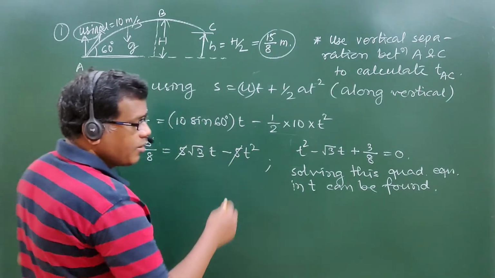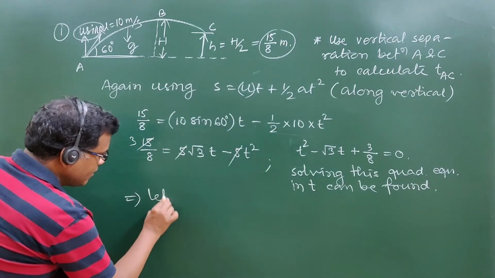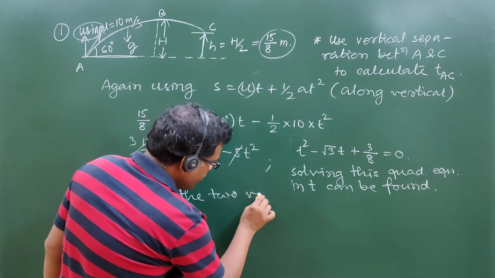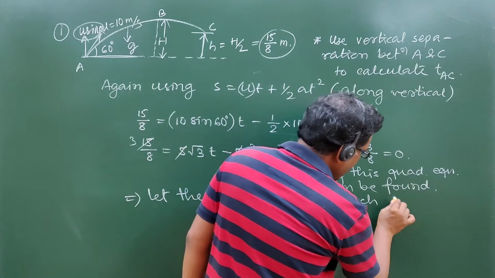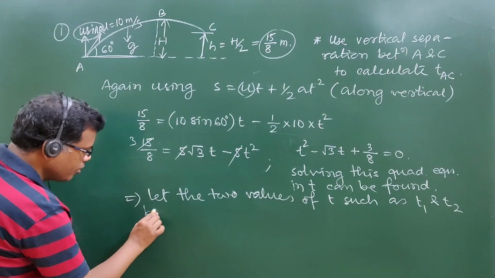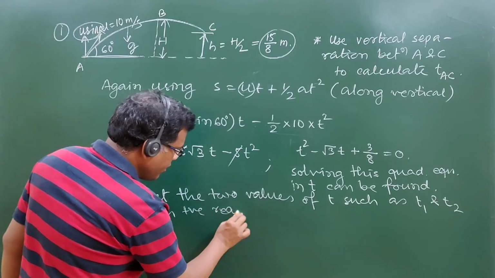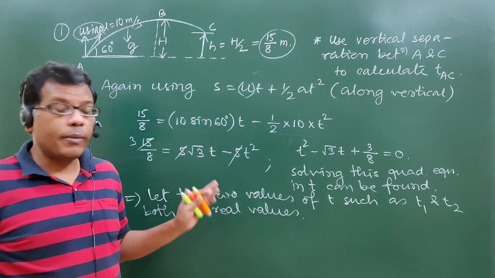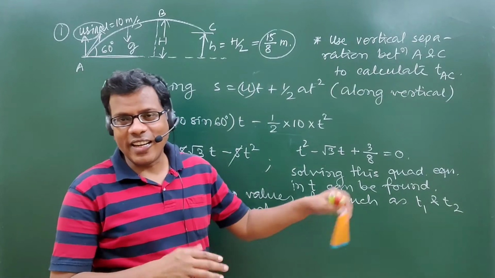Here if we get t as two possible values, let the two values be t1 and t2, both positive real values, then both are valid. You can't neglect any one of them.